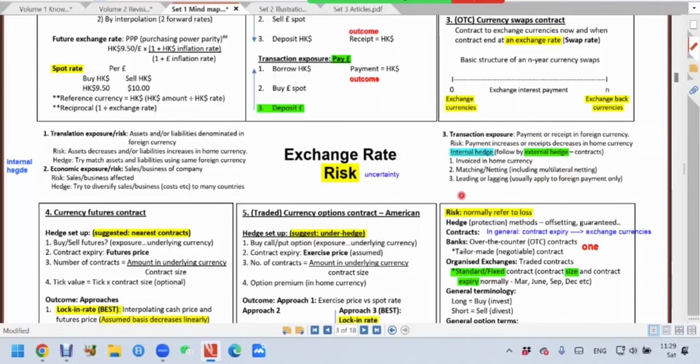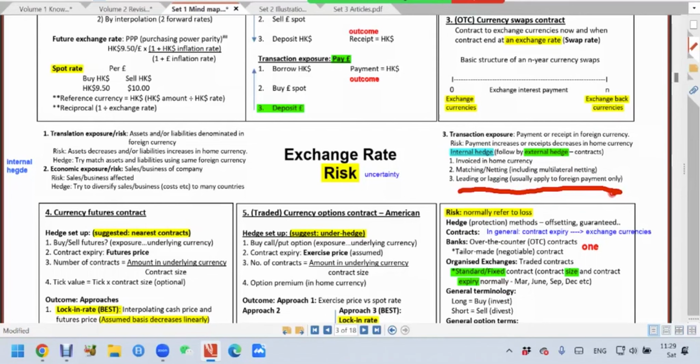The last one is leading or lagging. Normally this refers to payment only. You want to pay earlier or pay later to cut down your loss.